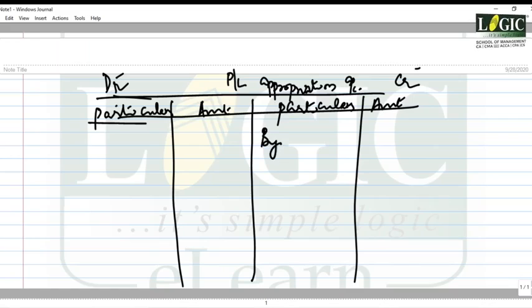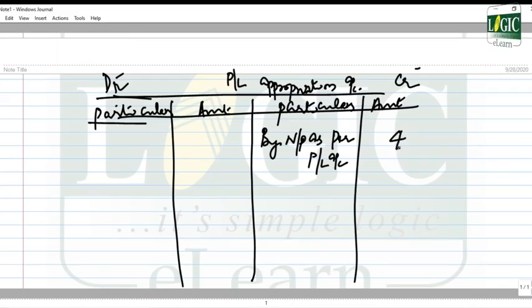So you bring it down to the opposite side, by net profit as per profit or loss account. In this question, how much is it? The firm had made a profit of 40,000. Okay, so 40,000.